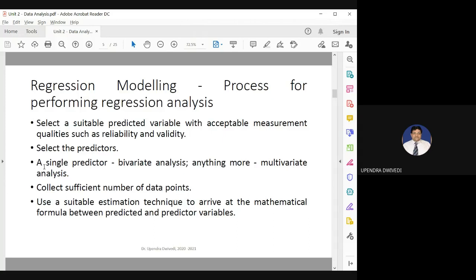If we have only a single predictor, we call it a bivariate analysis. If we have more than one predictor, we call it a multivariate analysis.